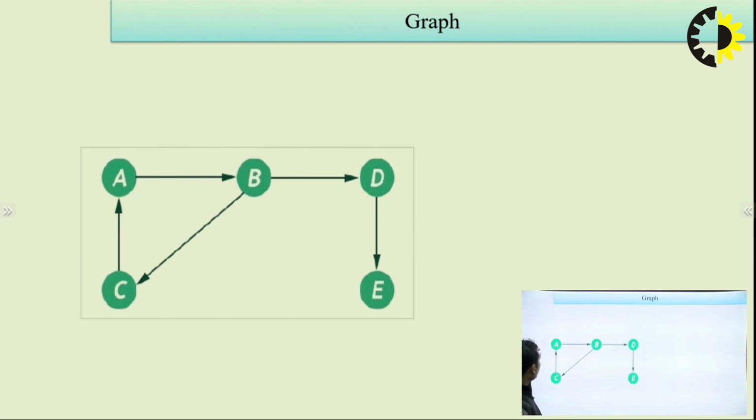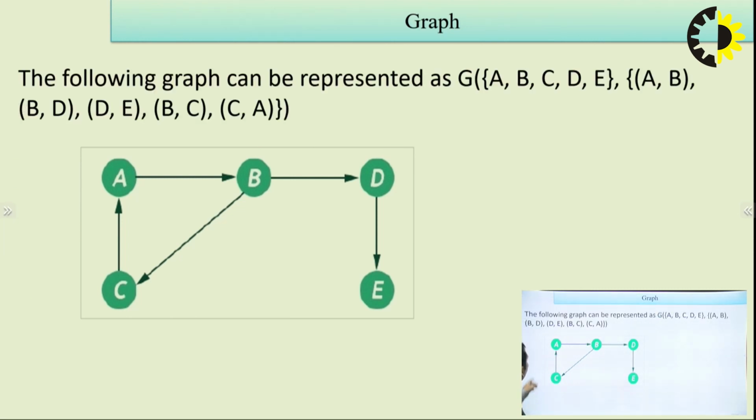This graph has 5 nodes: A, B, C, D and E. It is a directed graph because each edge has a direction. The vertex set is A, B, C, D, E, and the edges are: A to B, B to D, D to E, and B to C, with B as source and C as destination, and C to A, not A to C.